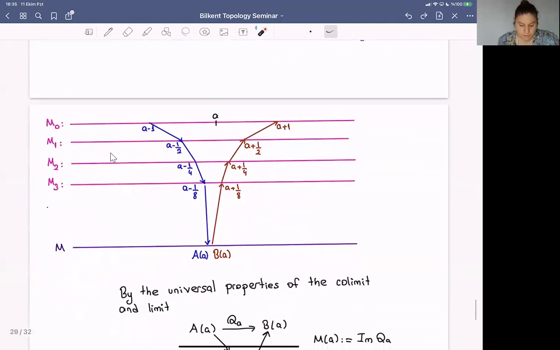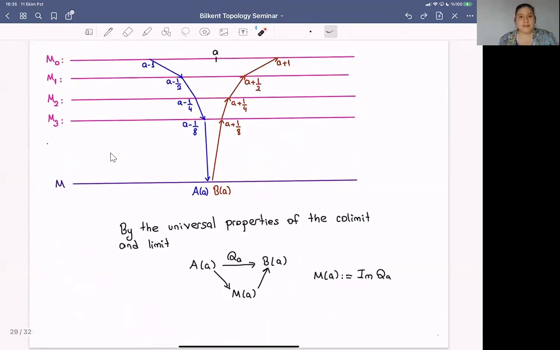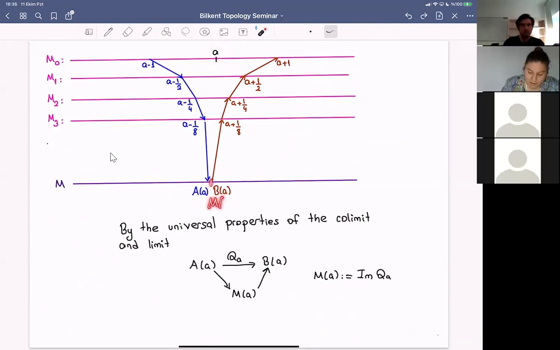Maybe we can illustrate this fact. Let's start with a subsequence M sub 0, M sub 1, M sub 2, and I know that each two consecutive persistence modules are 1 over 2 to the 0 interleaved. So there is a shift map from a minus 1. I'm doing this pointwise. For the spot A, what is the persistence module and how can I define M of A?